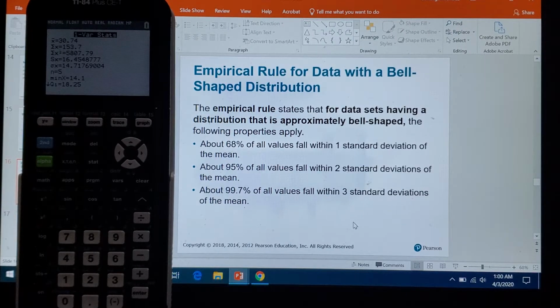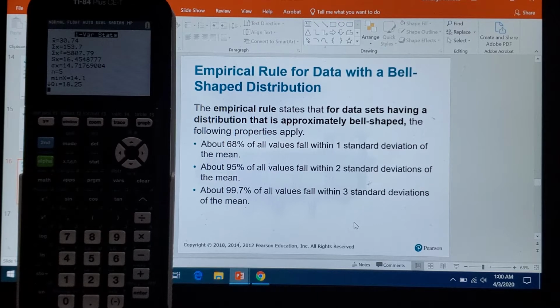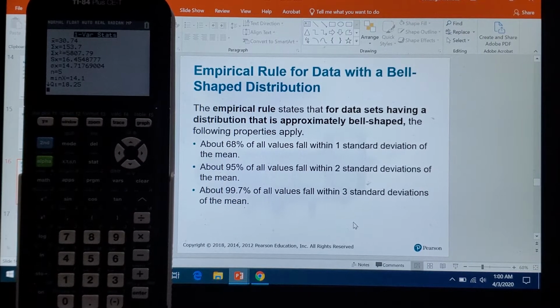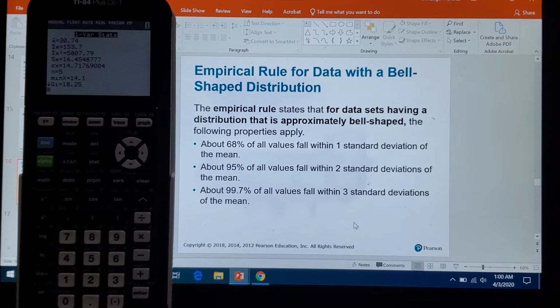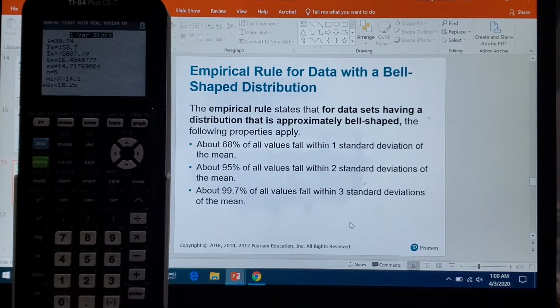So the empirical rule is for a data set that's a bell-shaped distribution. And not just any bell shape, it wants to be roughly symmetric. You want to make sure you have a rough bell-shaped symmetric curve. I think we talked about that right before all this started.